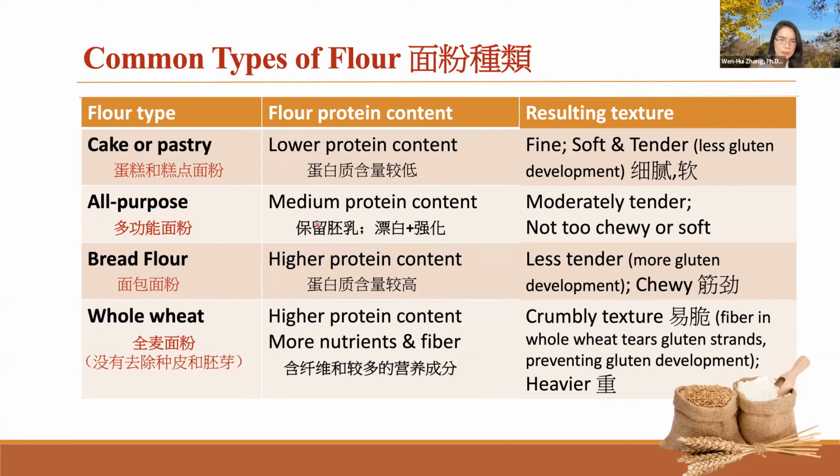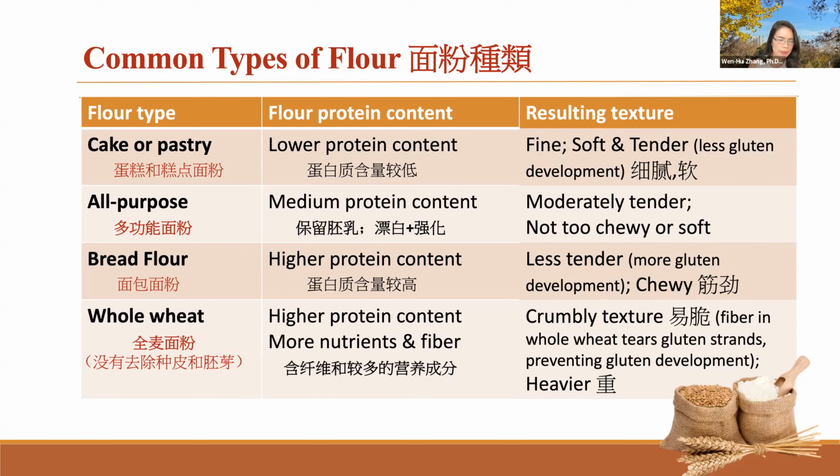All-purpose flour has medium protein content, and bread flour has a higher protein content. So when we make bread out of bread flour, it's less tender because there is more gluten development, and the gluten makes the bread chewy.